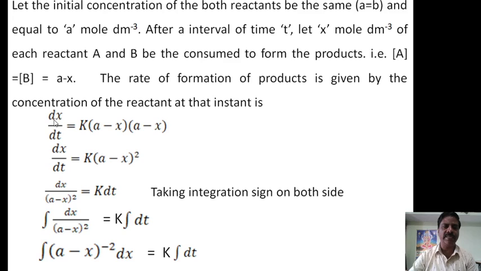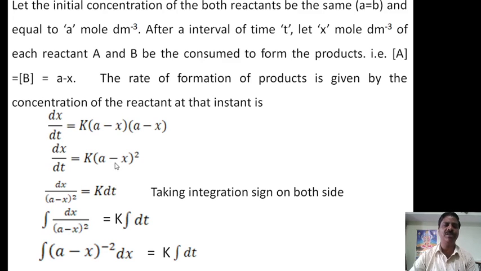Therefore, we get dx divided by dt is equal to k into a minus x into a minus x. These are similar, so after simplification dx divided by dt equal to k into a minus x to the power of 2. Here k is the velocity constant or rate constant. Then we make a variable separation.